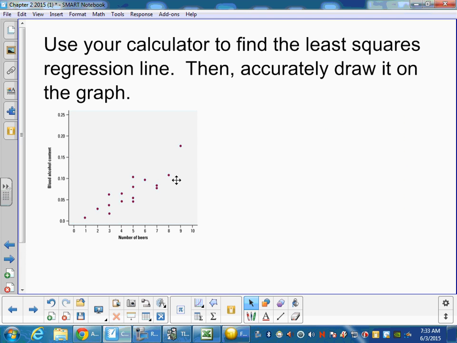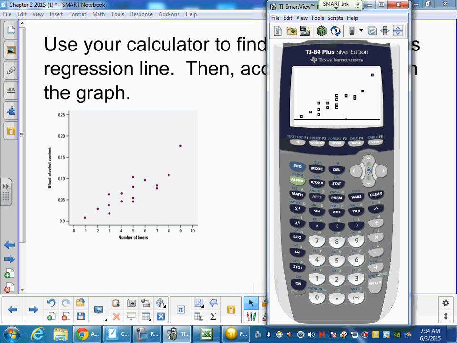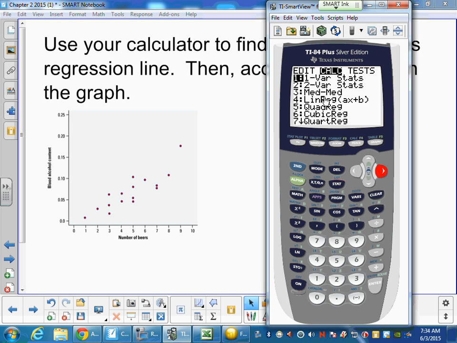So if we wanted to do that with our calculator, I have this graph up from the previous lesson, and now I hit Stat, go over to Calc, and I go down to linear regression. And typically what we want to do is go down to 8. Notice how 4 and 8 are very similar.